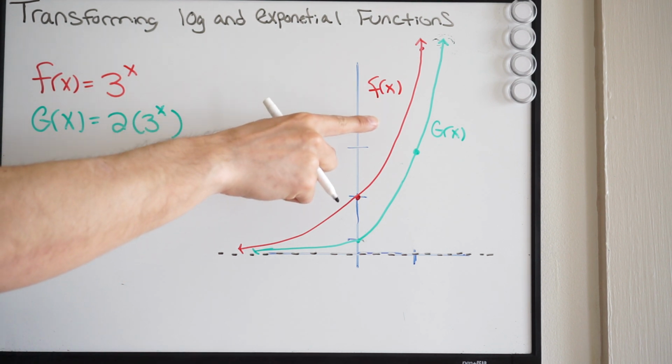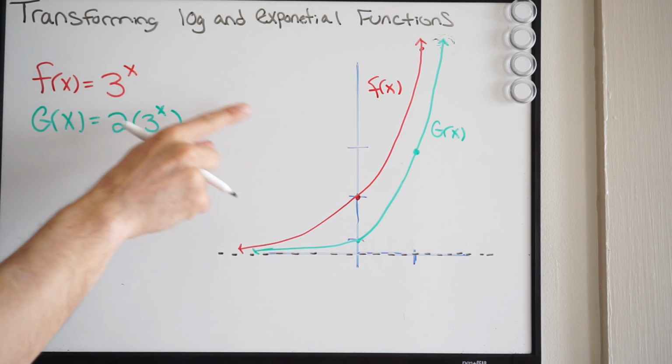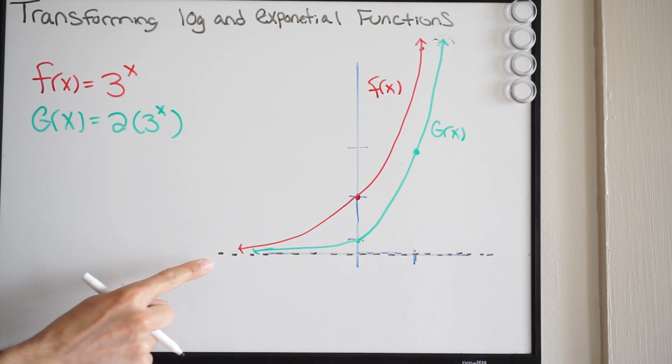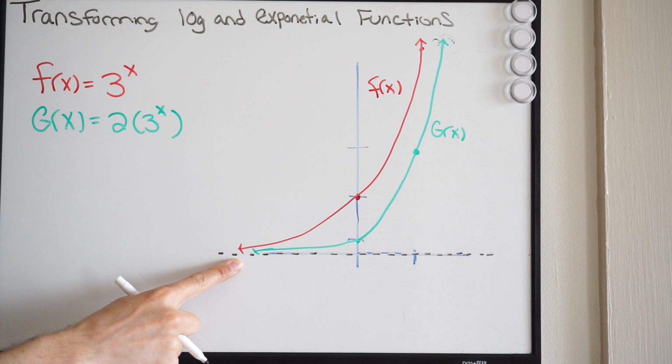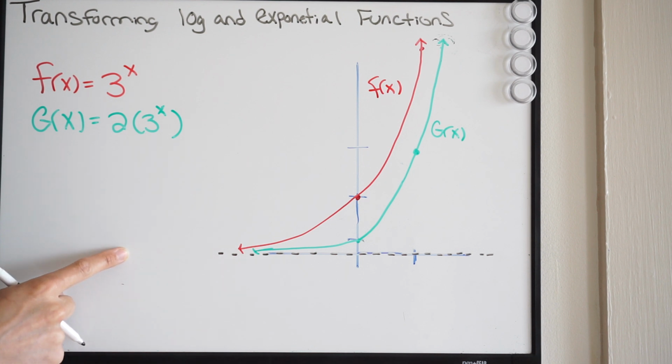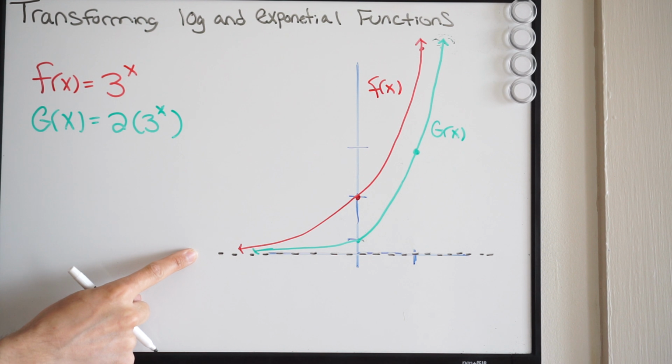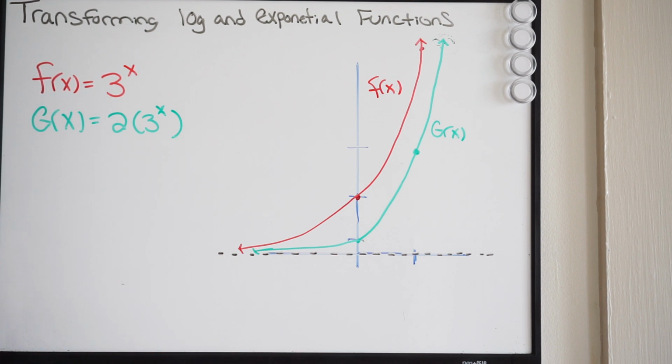We can see that as this function, f of x, the one in red, approaches negative infinity, it's going to get closer and closer to this horizontal asymptote, or y equals 0. However, as it continues to approach negative infinity, it will not reach 0. It will get closer and closer to 0, but it will never reach 0.